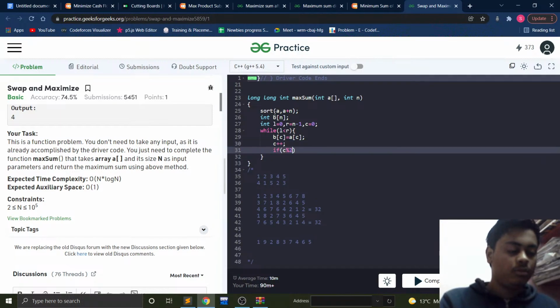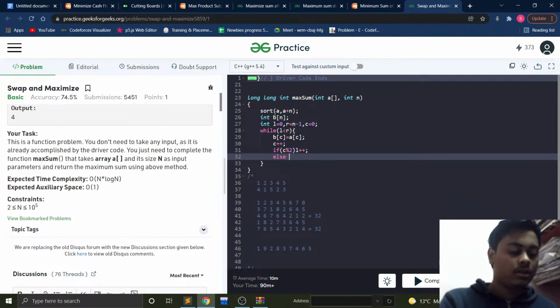If c mod 2, c became 1, so I'll increment the smaller one first. I'll do l plus plus, and then r minus minus.